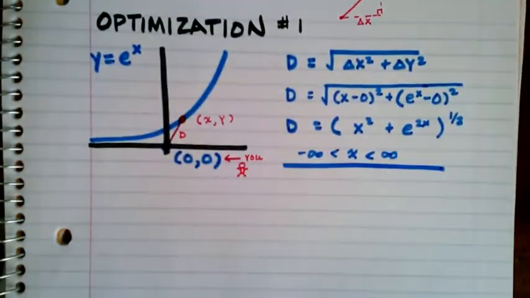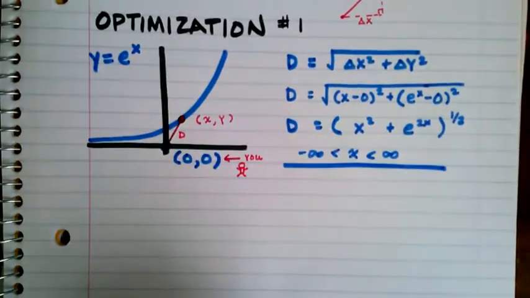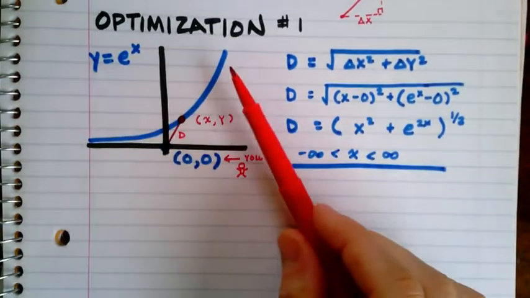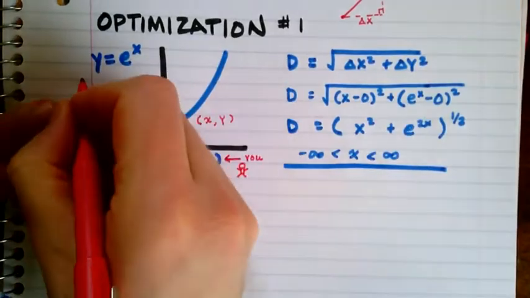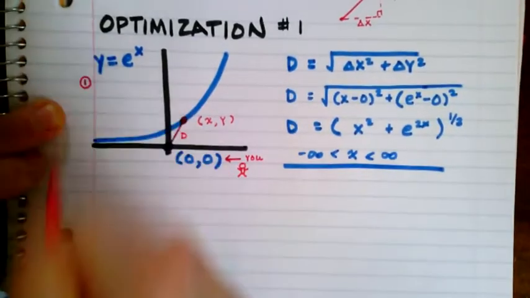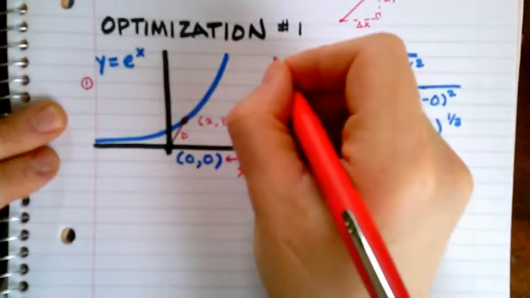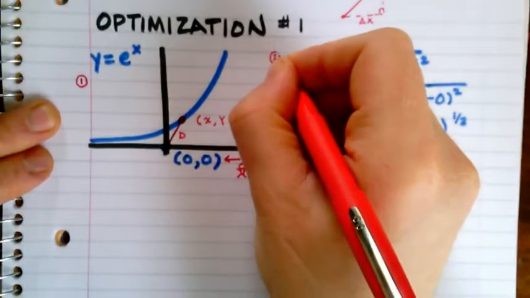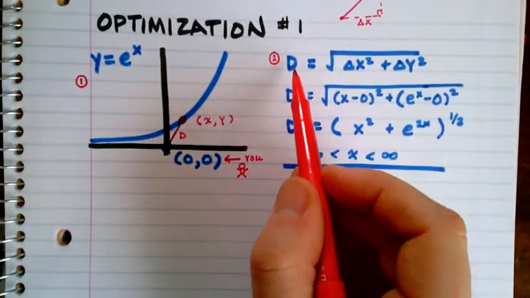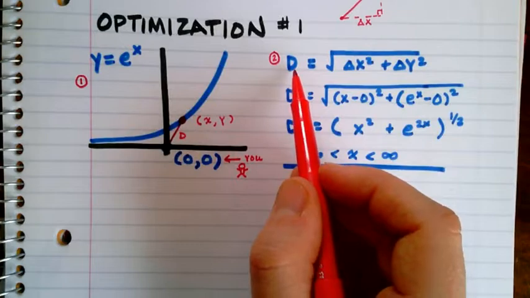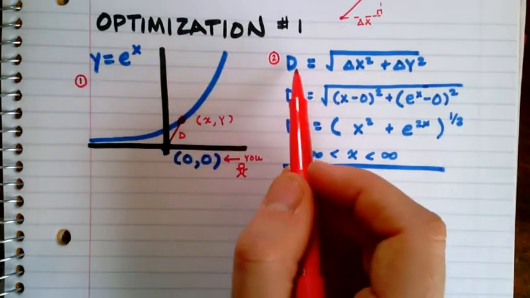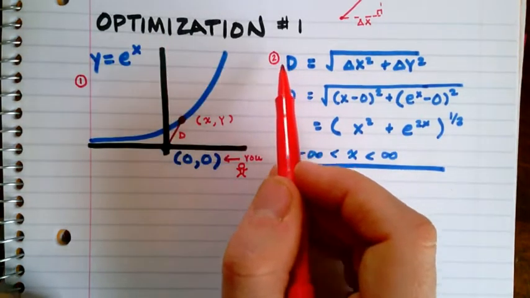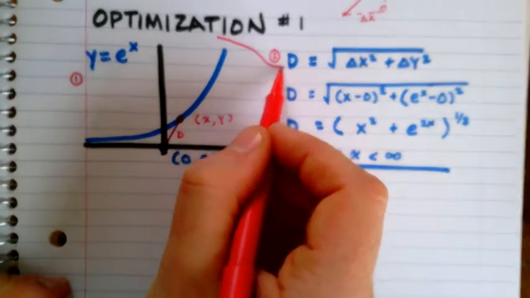Okay, so think of all of that so far as stage one. What we did is we, one, drew a picture. Two, we wrote an equation for the thing that we are trying to optimize. By optimize, I mean that we want the optimal value of this distance right here.